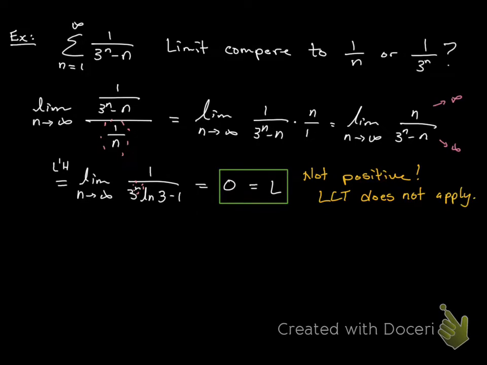What that means is that comparing to 1 over n was not a good comparison. You know you've made an incorrect comparison when your limit comes out to be 0 or infinity or negative, or something happens where you get a limit that's not positive or finite. So we've made the incorrect comparison.